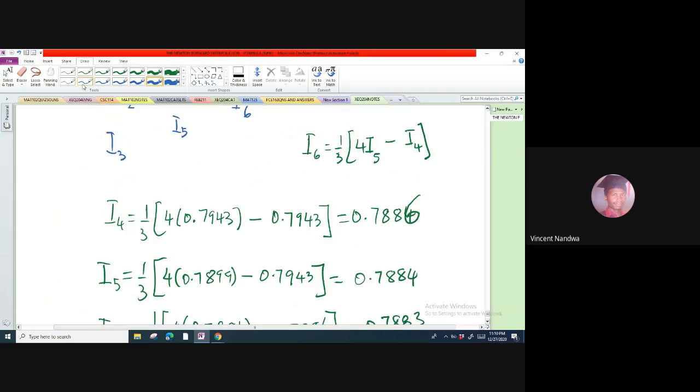I remember this one should be this value here, 0.8113. So confirm this answer.